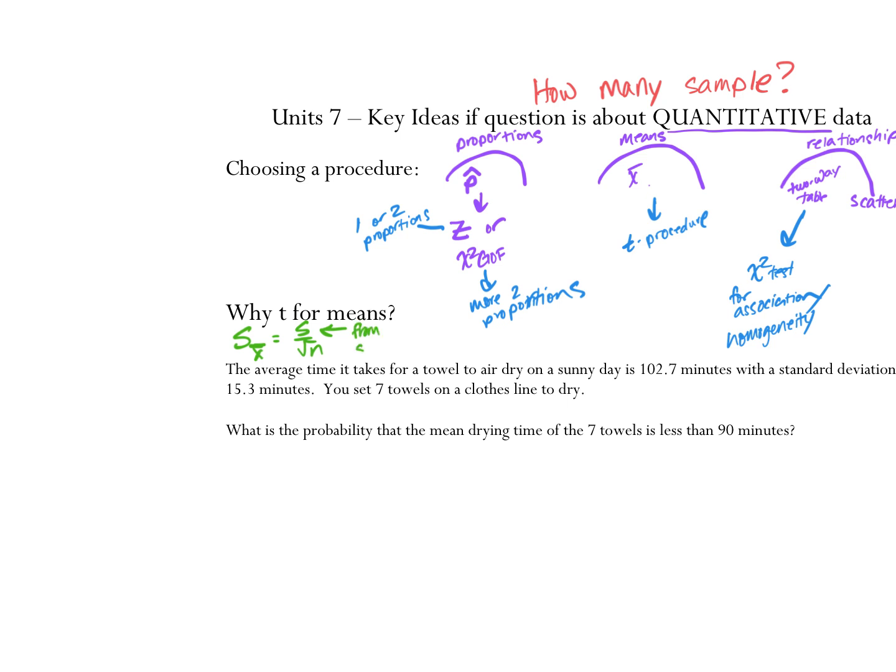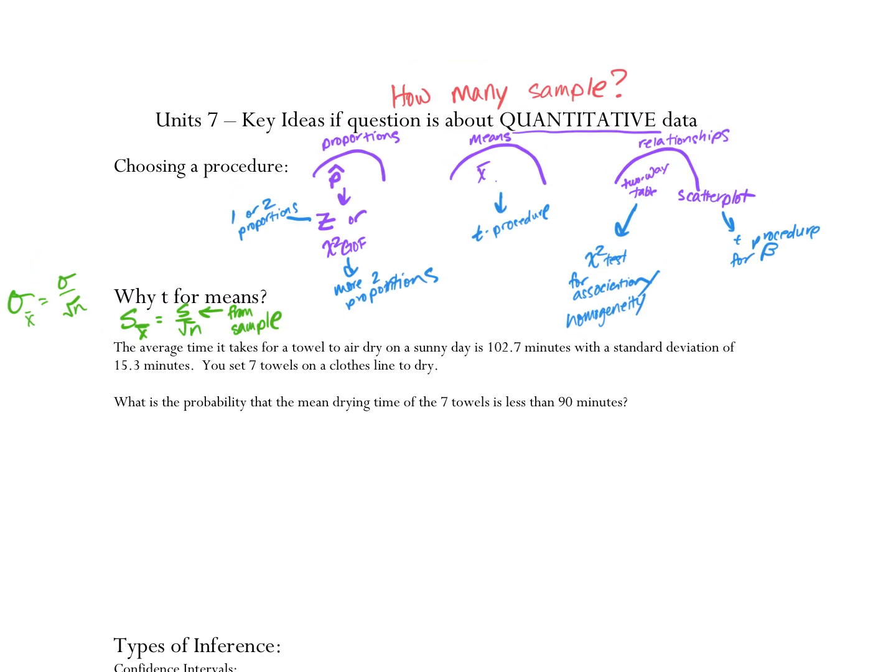We really don't like that we have to use a sample value for the standard deviation, because the standard deviation of x bar, if we actually know our population, is the population standard deviation divided by the square root of n. Essentially, we have to use the sample value because we don't have anything else, and we know the sample value is not a great value. So that's why we choose T for means.